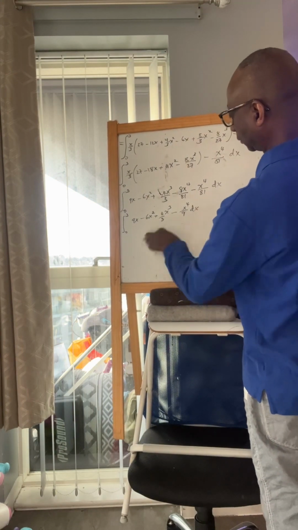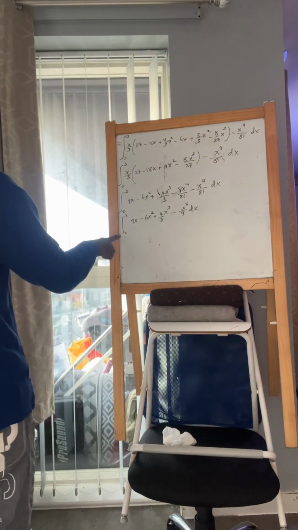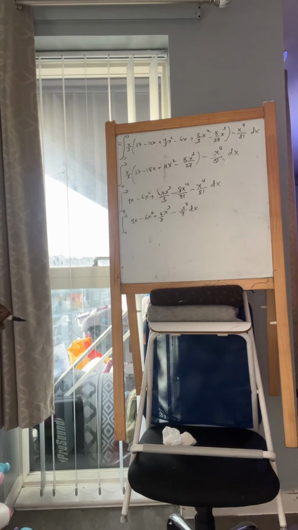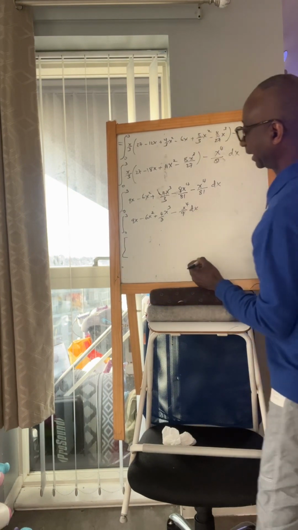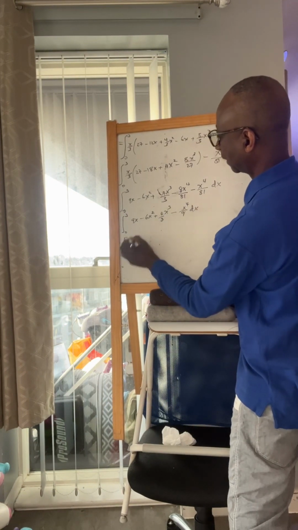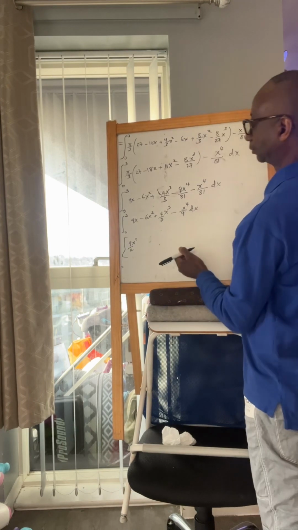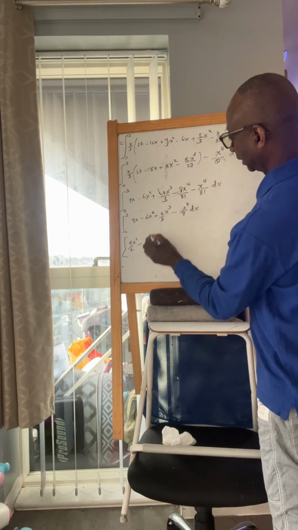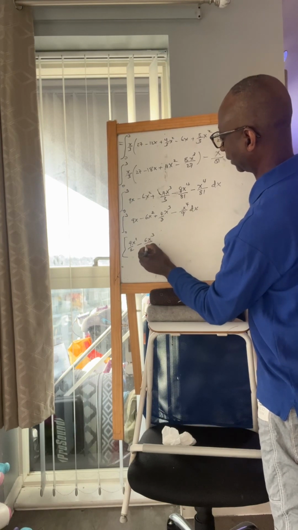So we can no further simplify. What we do next, we now integrate. We do our last integration, with limits 0 to 3. So if you integrate 9x, you get 9x squared all over 2. You get 6x cubed all over 3.